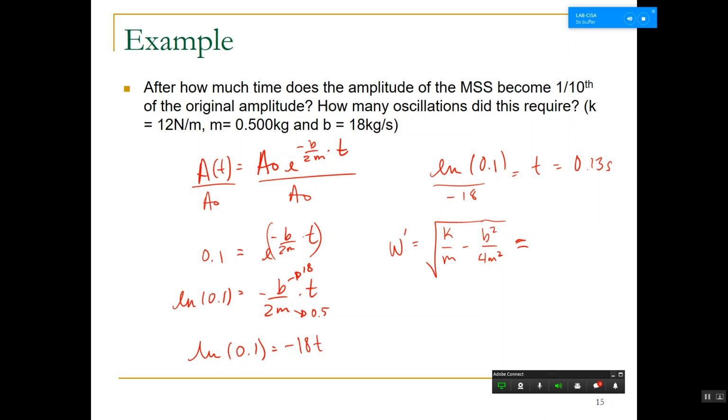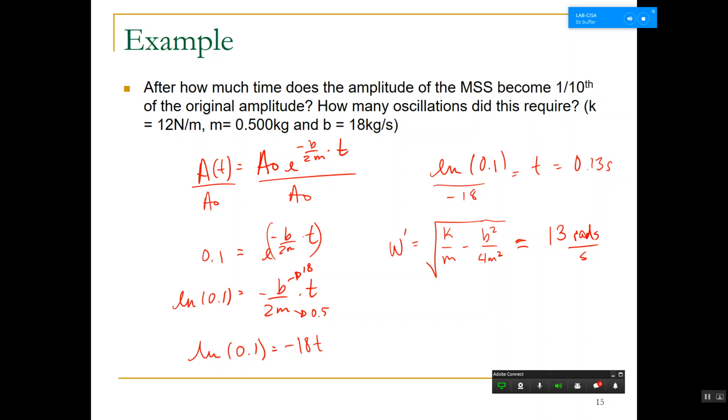Now let's say I did, and the answer was 13. Just a random number, okay? What are the units for angular frequency again? Meters per second? Degrees or radians per second? Radians per second. All right. So if there's 13 radians per second, how many oscillations will it do in 0.13 seconds?